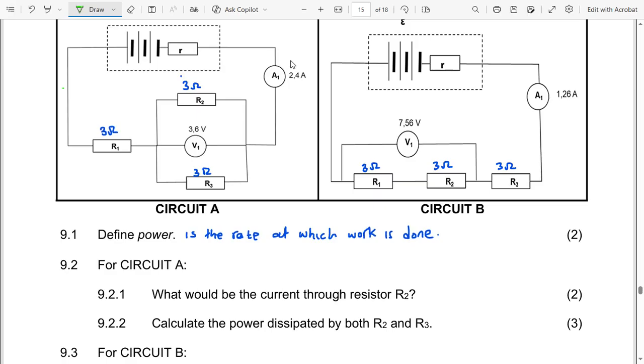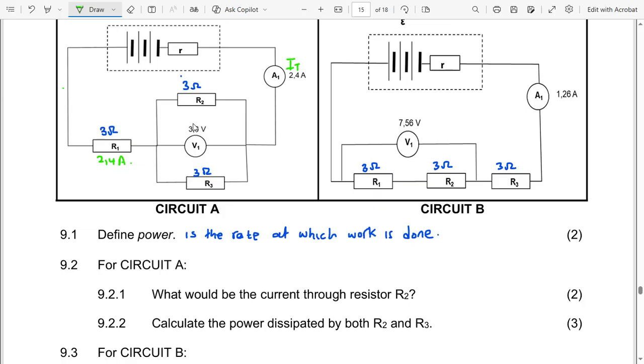This is your I total, the total current of 2.4 amperes. But remember what happens when the total current goes into resistors that are connected in parallel: the current will divide according to the resistors.